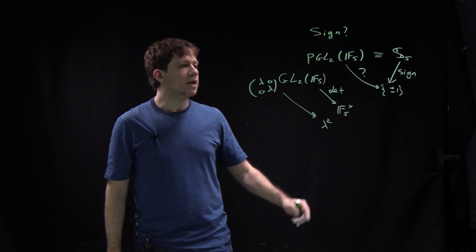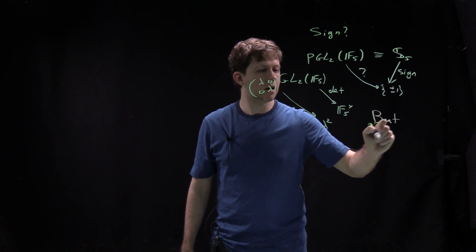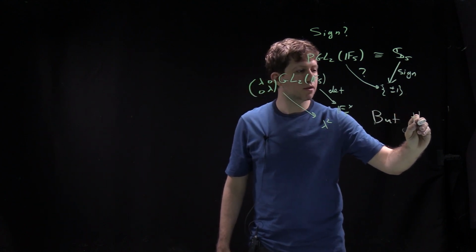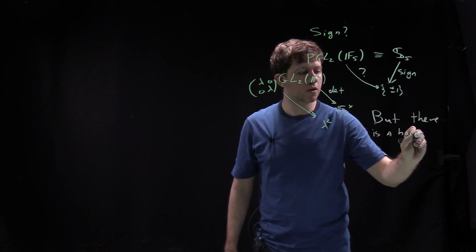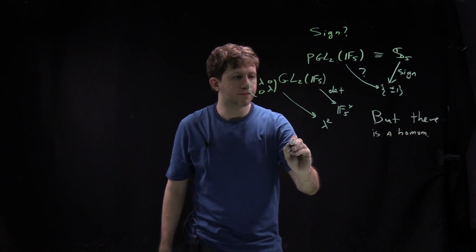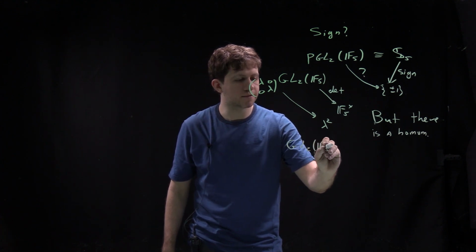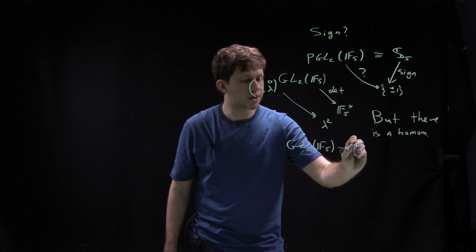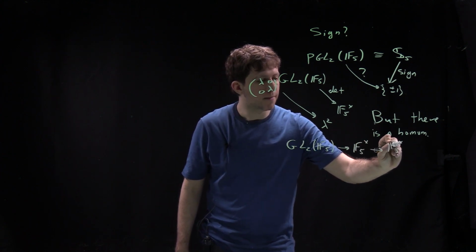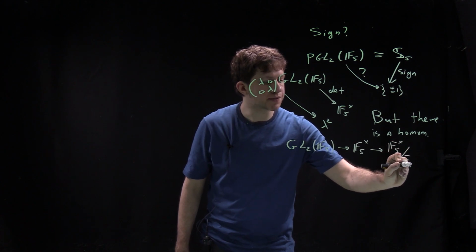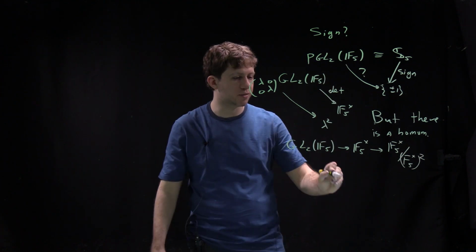But one can do the homomorphism from GL2 F5 to F5 times, and then to F5 times modulo squares. So if you wish, that's kind of Legendre symbol.